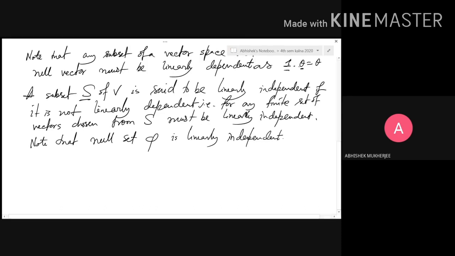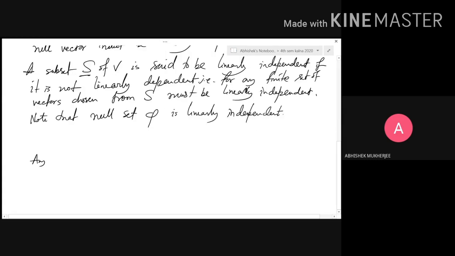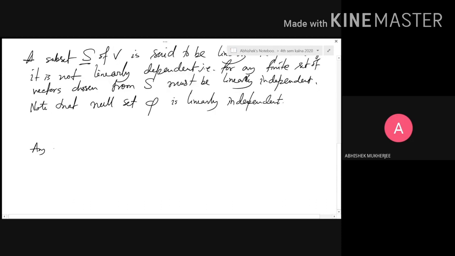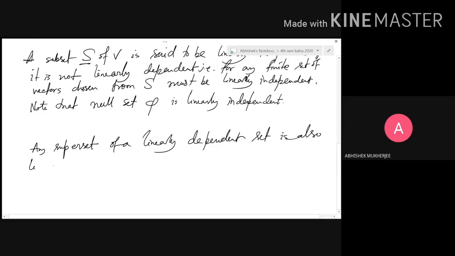Also note that any superset of a linearly dependent set in a vector space is also linearly dependent, since the same set of vectors will work for the superset.